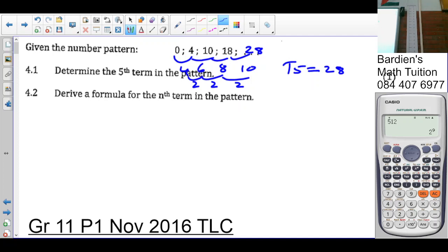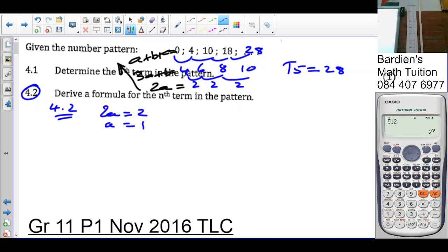It says derive a formula for the nth term of the pattern. So they're working out the general formula here. Here I have 2a, 3a plus b, a plus b plus c. On the bottom up, 4.2, it should now read that 2a is equal to 2, a is equal to 1. So 3 times a, which is 1, plus b is going to be 4.